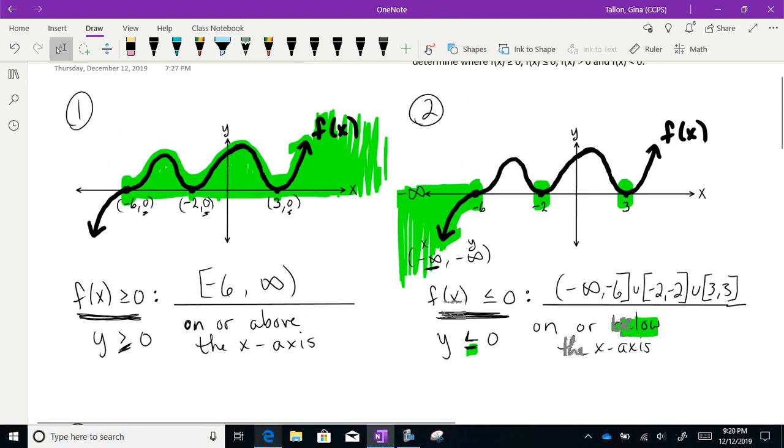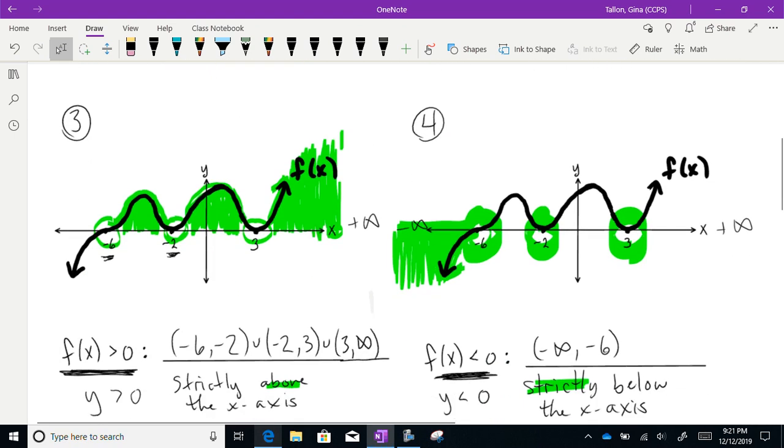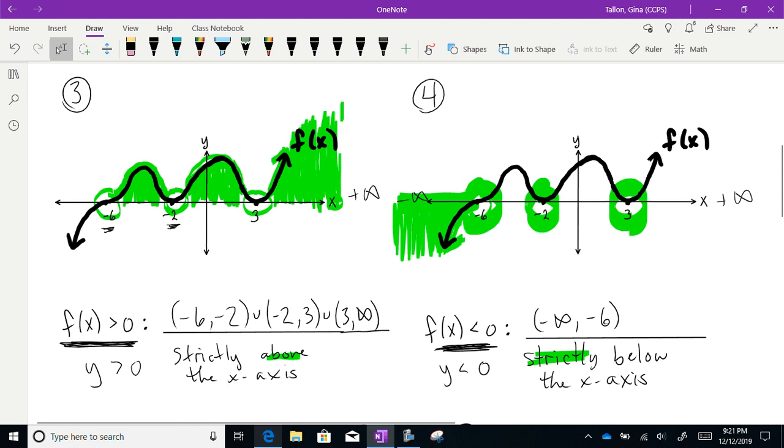Questions 1 and 2 for greater than or equal to and less than or equal to. Notice the brackets that we have as part of our answers, because the points that are on the x-axis are included in your x intervals for which the y value equals 0. Questions 3 and 4. Notice the x-intercepts, or the points on the x-axis, are not included in any of your answers.